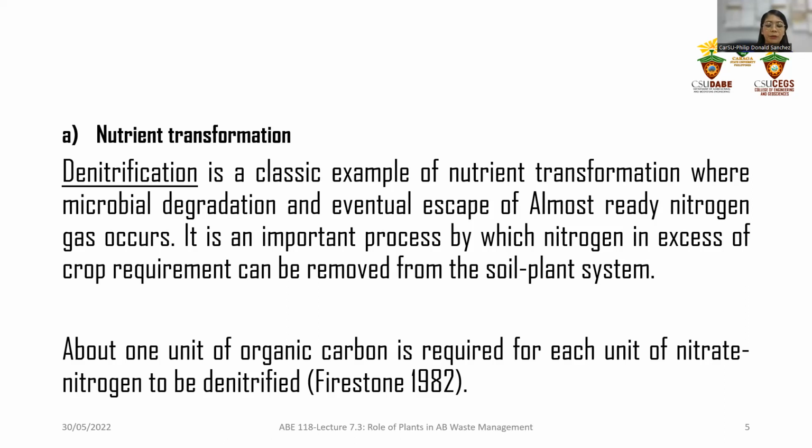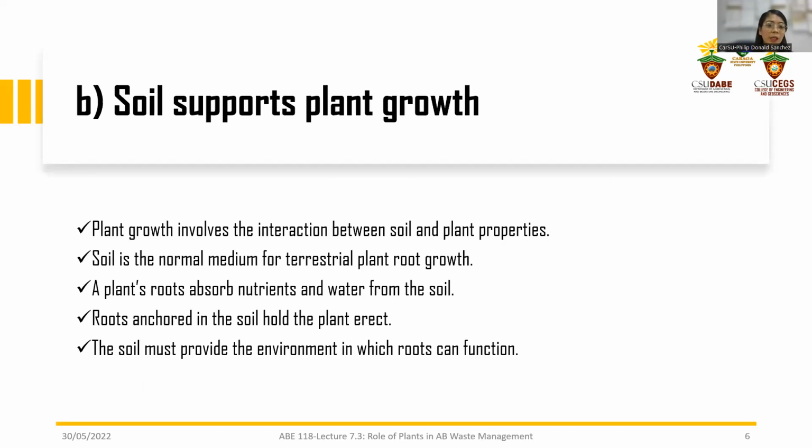denitrified. So we have the soil supports plant growth. We know that plants depend largely on soil, which has the biological, chemical, and physical conditions necessary for the plant root system to readily absorb nutrients and water.